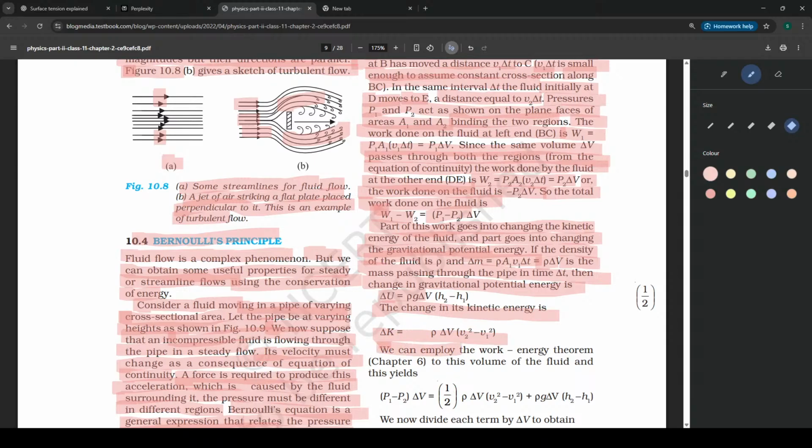We can employ the work energy theorem to this volume of fluid.